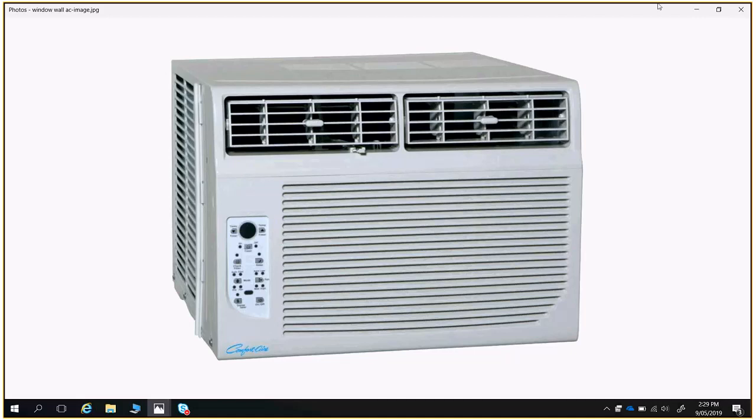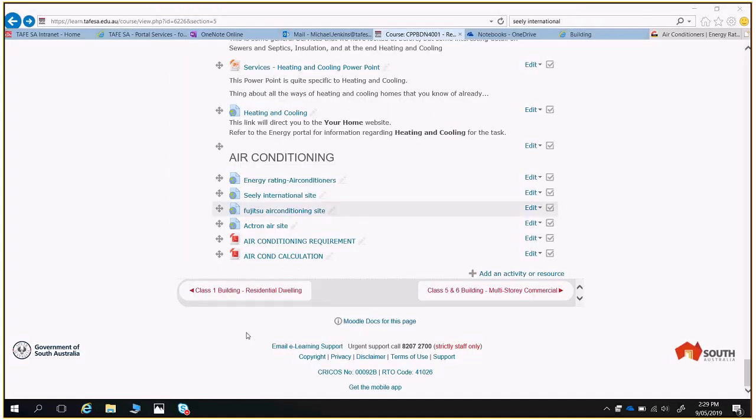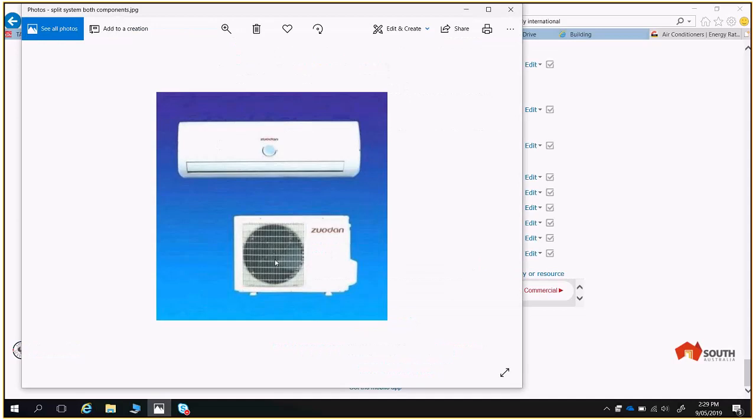The other air conditioner I was referring to was the split system air conditioner. That's where you have the head unit inside your living space, and this condenser unit can be located anywhere. So that condenser unit can be located on the outside of the building, away from where it's going to disturb people.